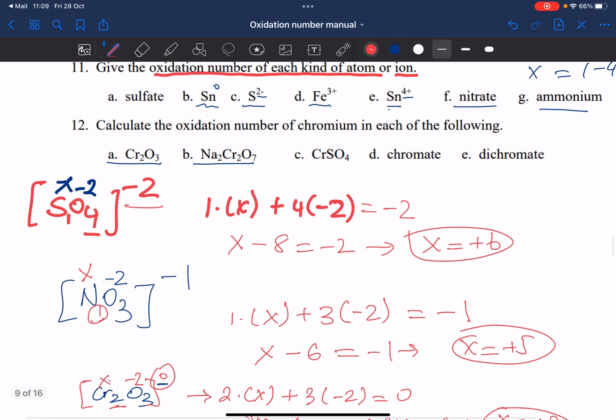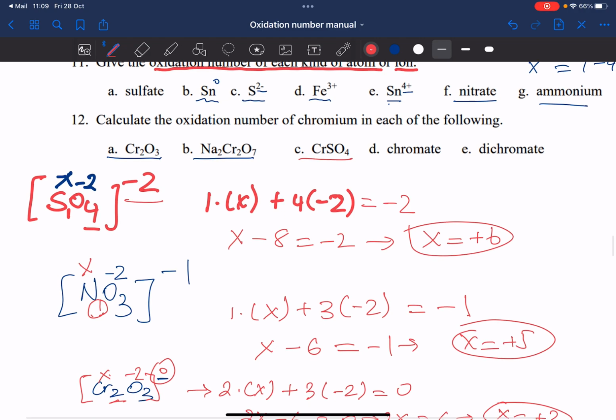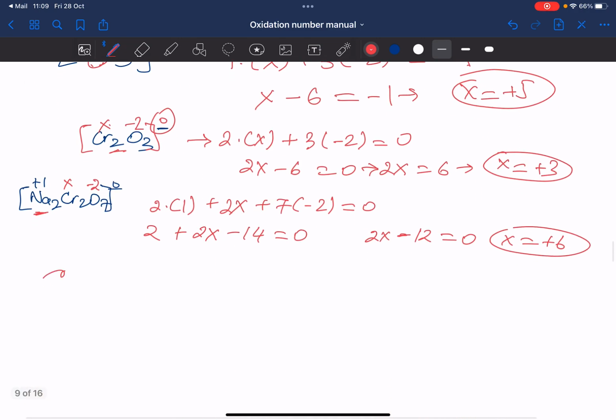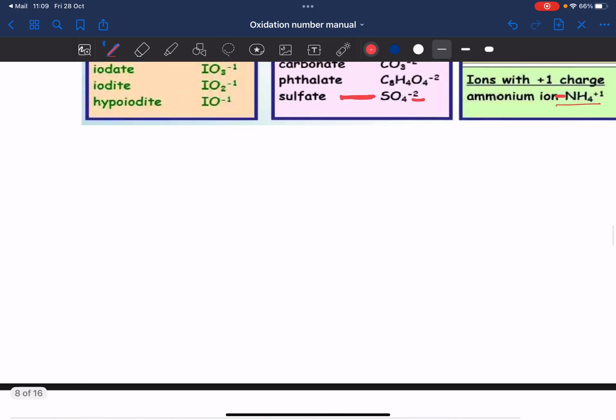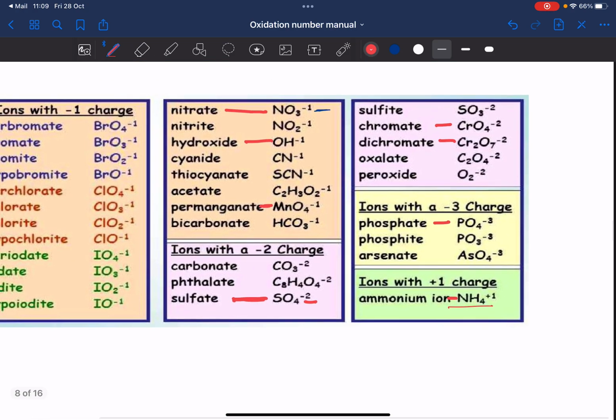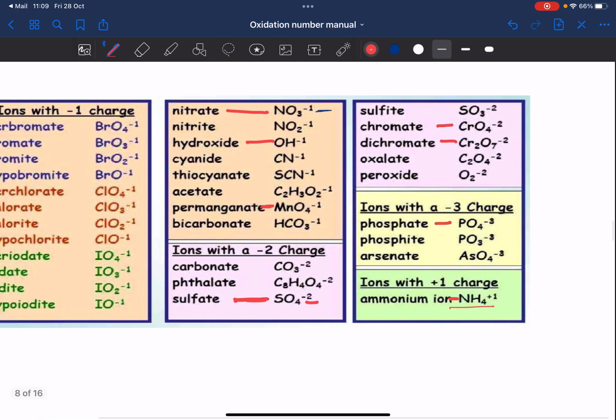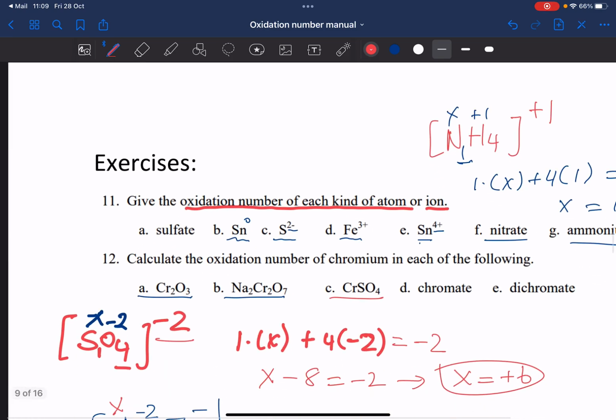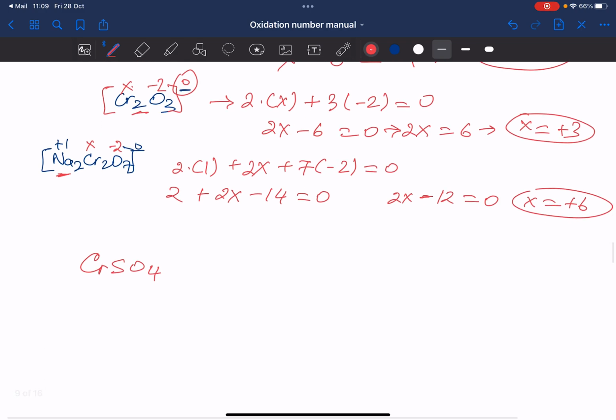Okay, and then we move on to this guy, chrome sulfate. Let's write this one, chrome sulfate. So we know from up here that sulfate is -2. Okay, so let's put this together.